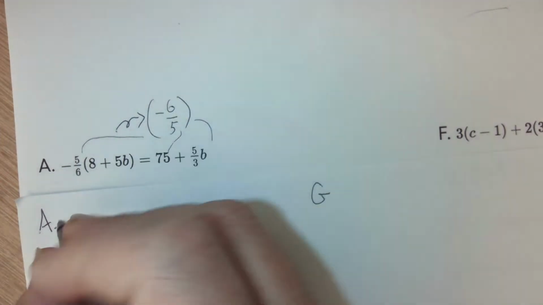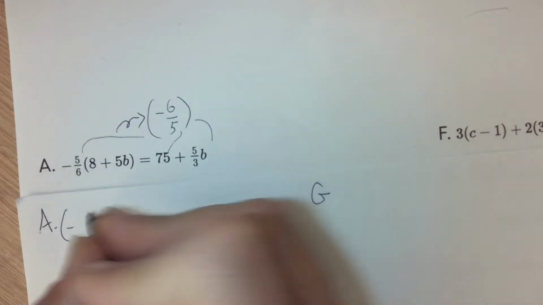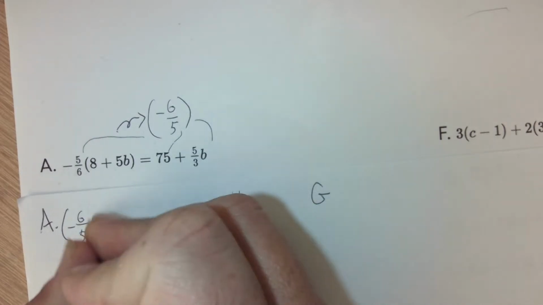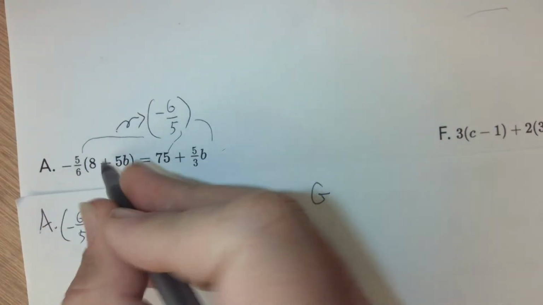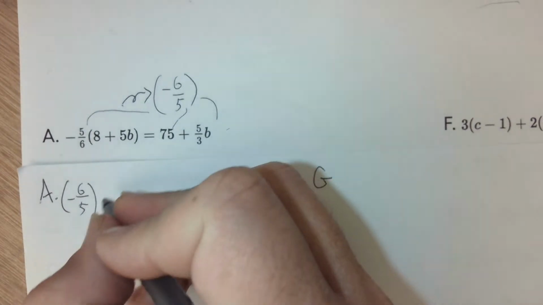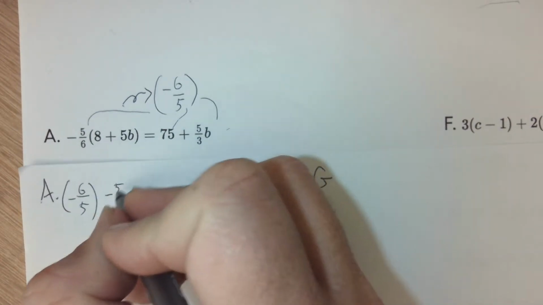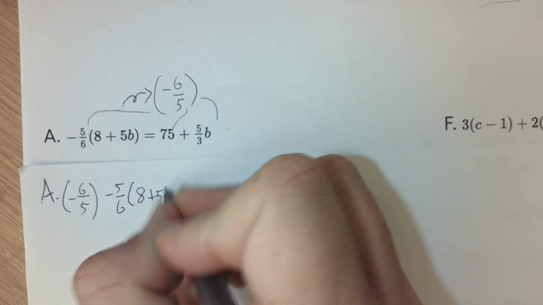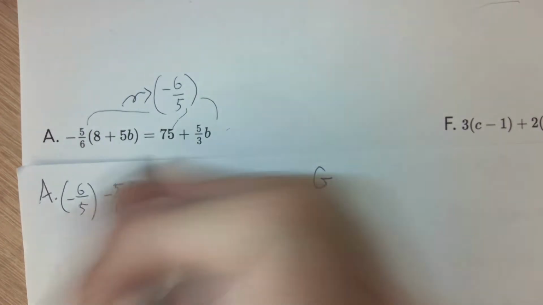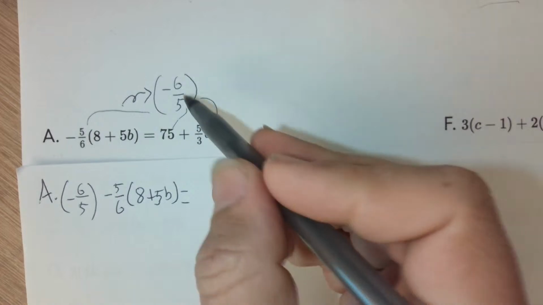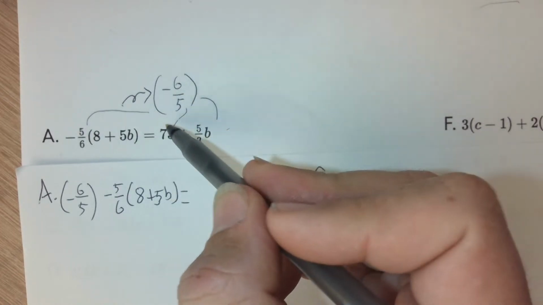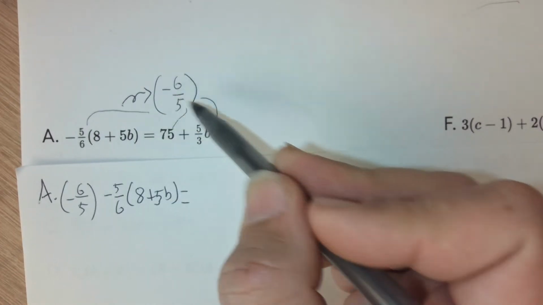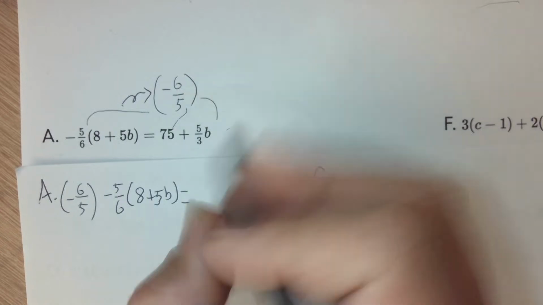So I'm going to start. I'm going to have negative 6 fifths, my reciprocal, times the first fraction. What is that? Negative 5 sixths times 8 plus 5b. So that's going to be my left side. On the right side, I have to multiply also the 75 times my reciprocal and this fraction times the reciprocal.